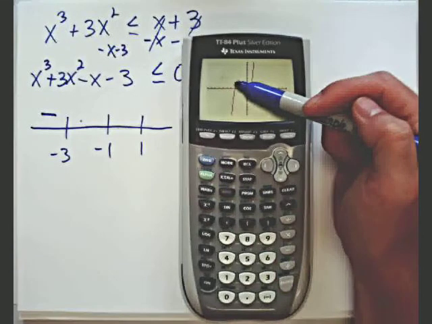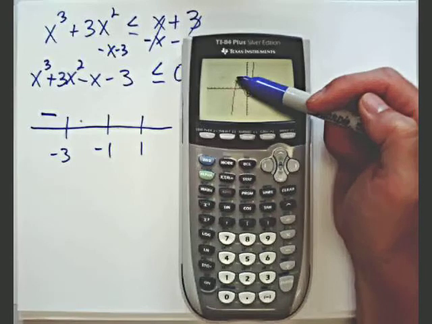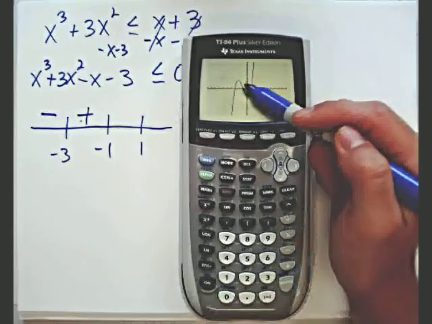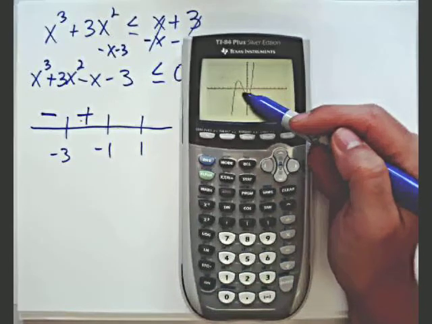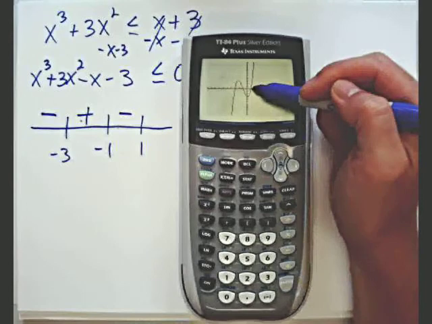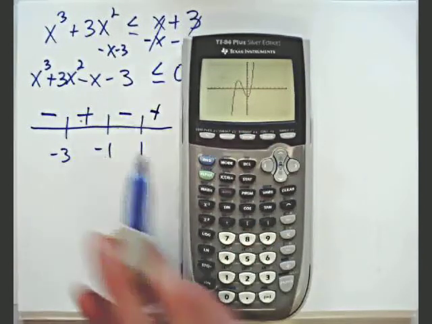Between -3 and -1, that's this part of the graph, and so that is positive. Between -1 and 1, that's this part of the graph, that's negative. And past 1, that's this part of the graph, and that's positive.